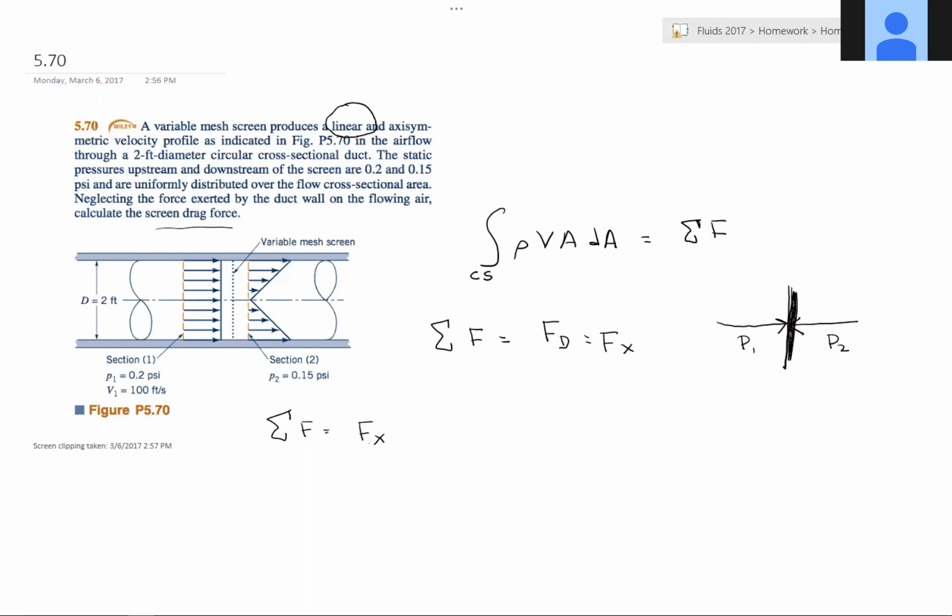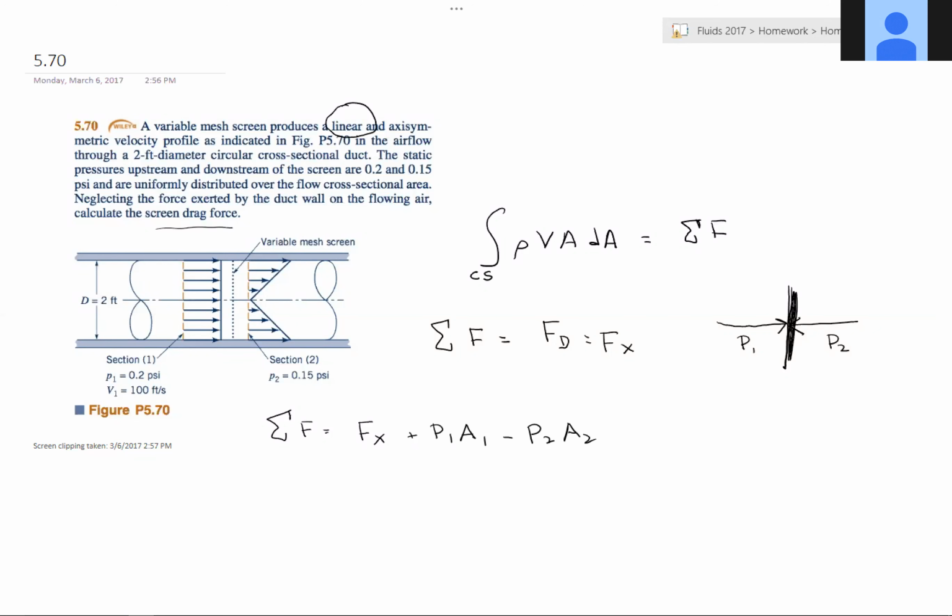Positive or negative? Okay, so that's plus, and be careful, it's P1 A1. How about P2? Yeah, so that's negative, minus P2 A2. So it really helps to draw this surface so you know which way it's going to hit the surface. So that's the sum of the forces.